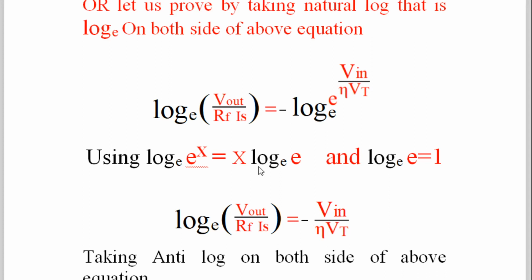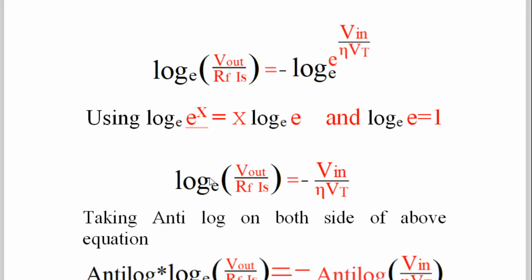So in this way, we use this logic first of all to take this e raised to x, where x means V in divided by eta Vt, before log. The left hand side we will keep like this only, and which logic do we use? Log to the base e of e raised to x, x will come here before log.